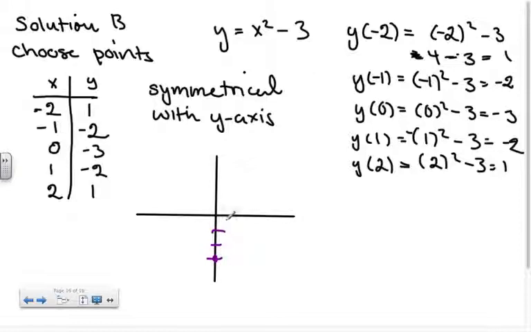Negative 3 to 1. I can't really draw it perfectly, but that's okay. So we have 1, negative 2.